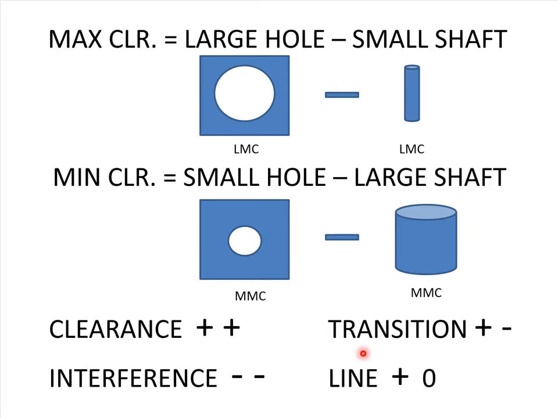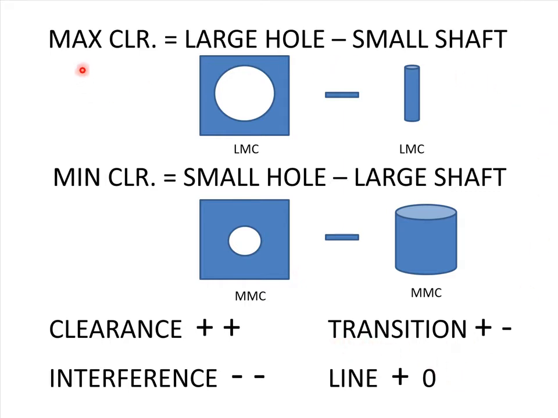Now let's take a look at transition. Transition is when you have a maximum clearance that's positive, but for the minimum clearance, you end up with a negative. Small hole minus large shaft will give you a negative. So in other words, the hole may end up larger than the shaft or smaller than the shaft. So this is referred to as transition.